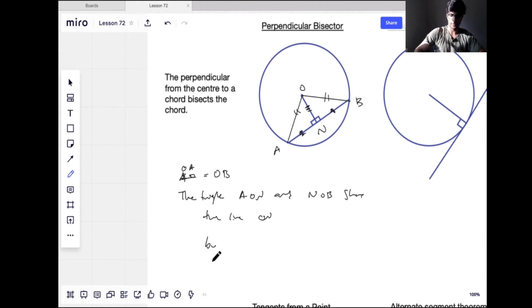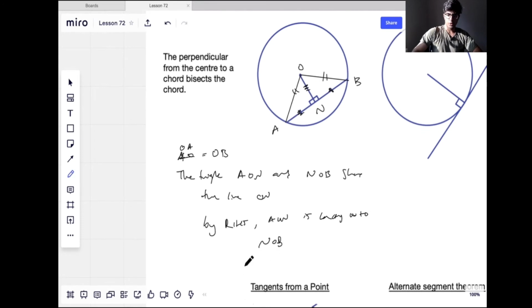So by RHS congruency, AON is congruent to NOB, and because of that, AN is equal to NB, and then we've got the job done. Therefore, if we have them at the same length, that means that each is a half. So therefore, ON bisects AB. You do have to have that last line.